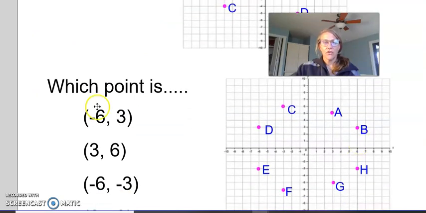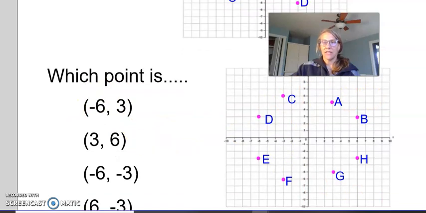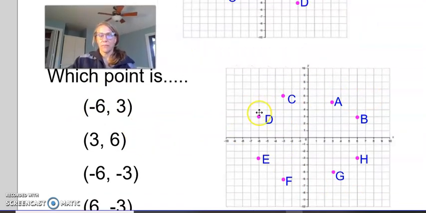Okay, we're going to start first off with where is the point (-6, 3)? Which of these is the point (-6, 3)? All right, now that you've answered that one, I want you to find the next point, (3, 6).